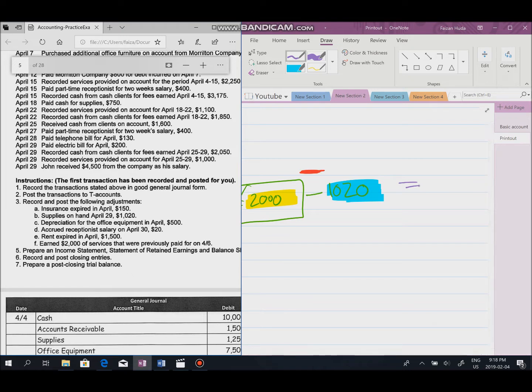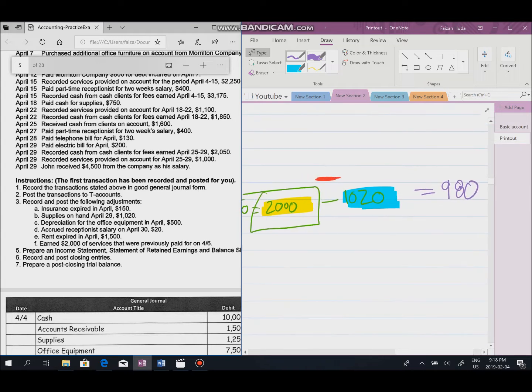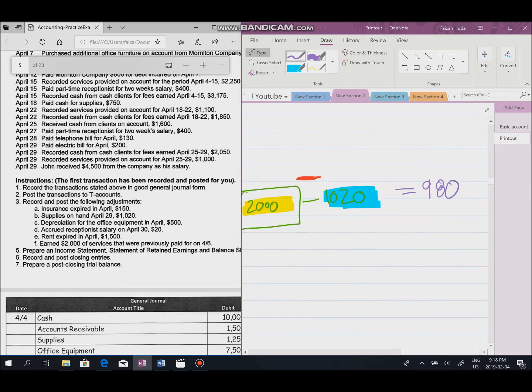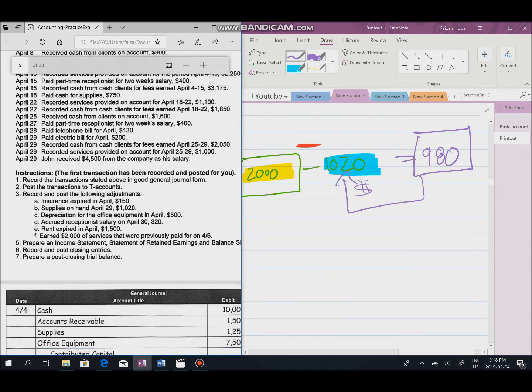So 2,000 minus 120, you get 980. That means you have to credit your supplies by $980 to get $120 worth of supplies. This is what it means.